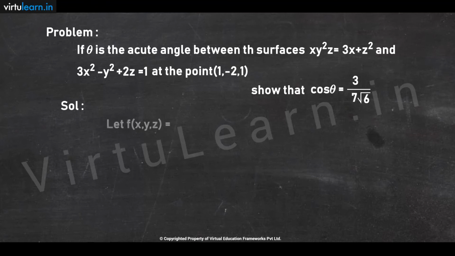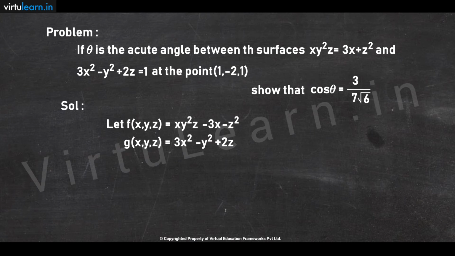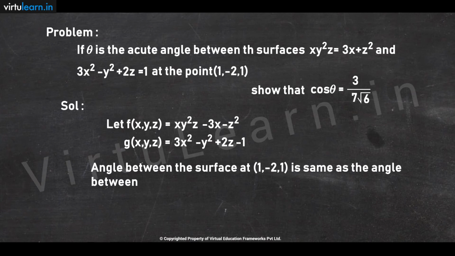Let us take f of xyz is equal to xy square z minus 3x minus z square. g of xyz is equal to 3x square minus y square plus 2z minus 1. By angle between the surfaces, we mean angle between their normals, so the angle between the surfaces at 1, minus 2, 1 will be the angle between their normals at that point.